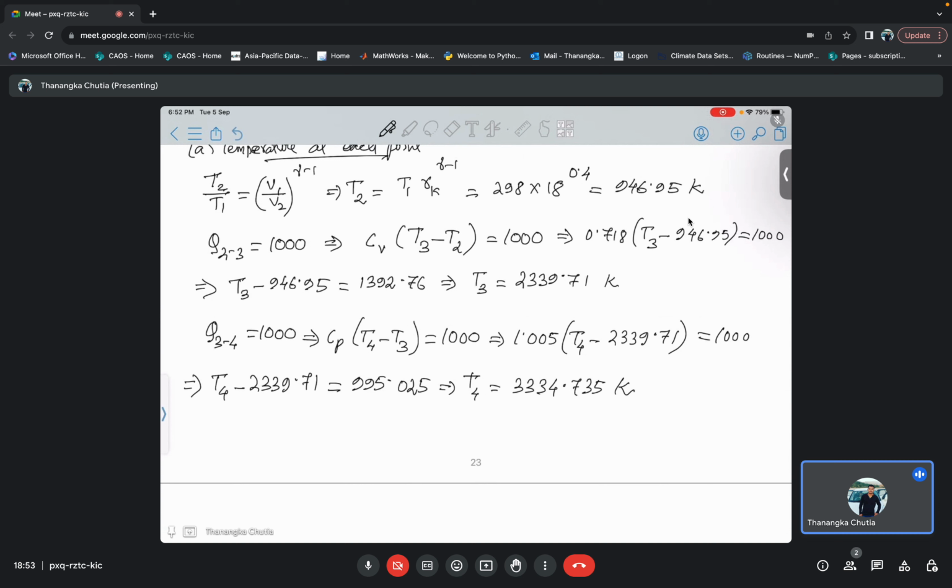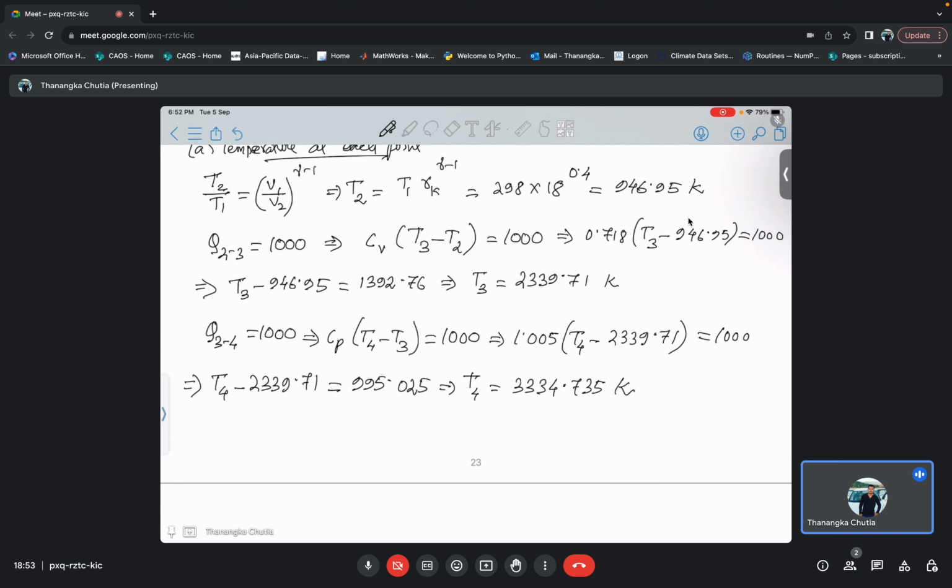Now V1 by V2 is equal to what? Compression ratio is given as 18. So from here V2 is equal to 0.855 divided by 18, which gives you 0.0475 meter cube. This is V2.